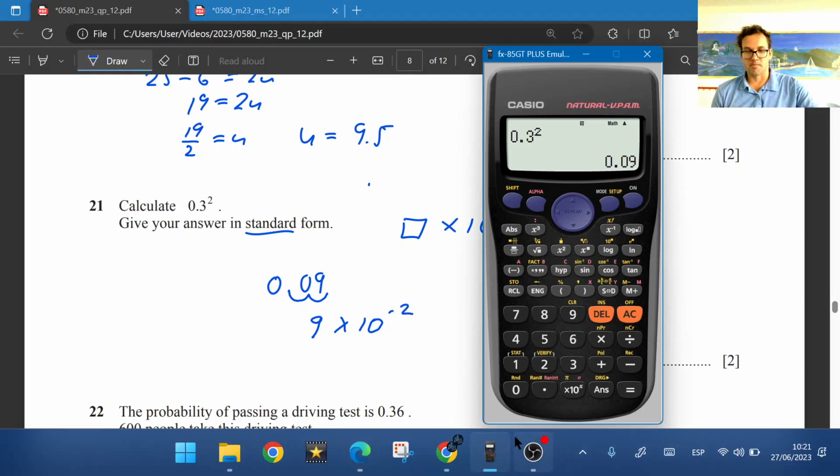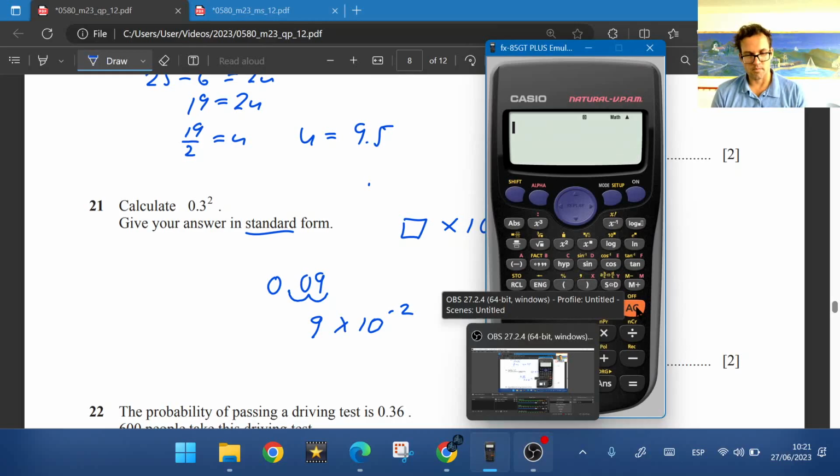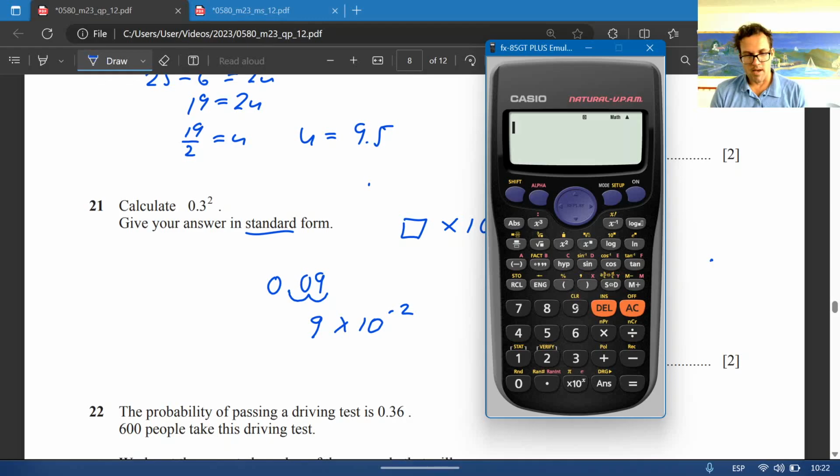Don't believe me? Put this into your calculator. Put 9, use this button, negative 2. See? Same thing. Or even better, press Shift, Setup.